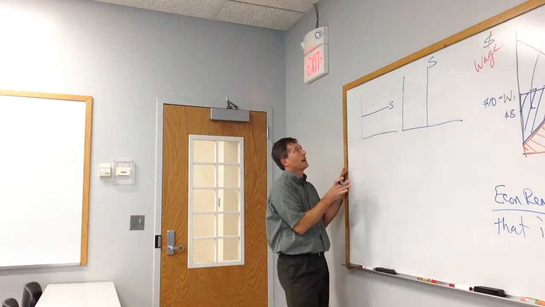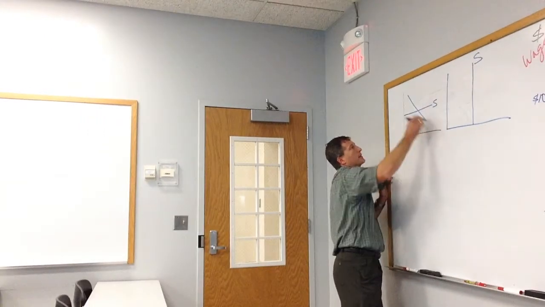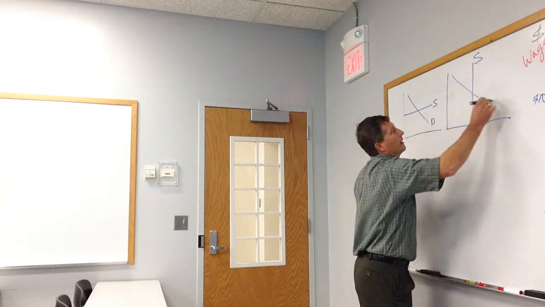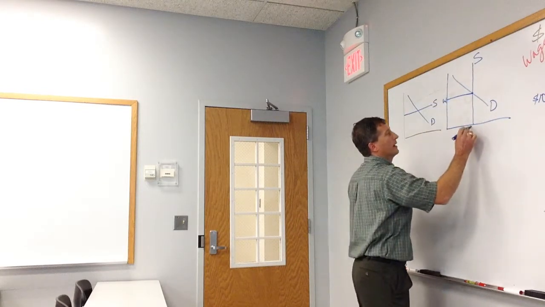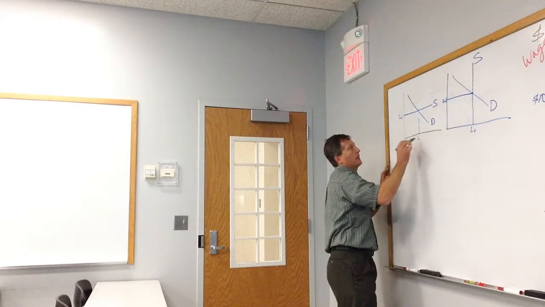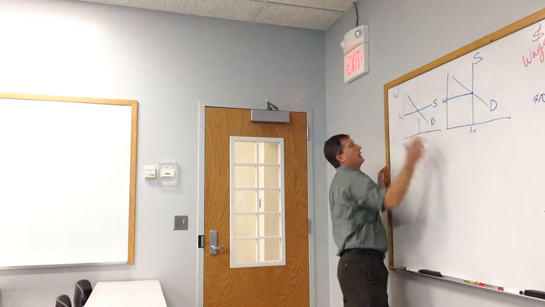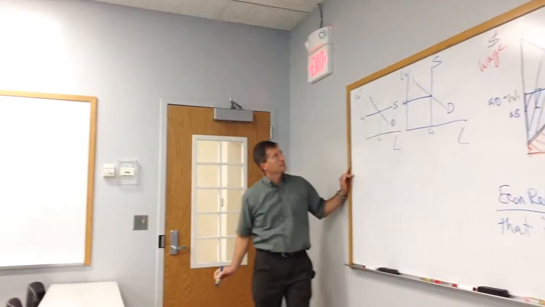So we got two different supply curves. And we could have any old demand curve, it really wouldn't matter. So we can just put in a demand and a demand. And we've got a wage in this one and a certain amount of hours being worked. And we've got a wage over here and a certain amount of hours being worked. Wage, labor, labor, wage. There we go.